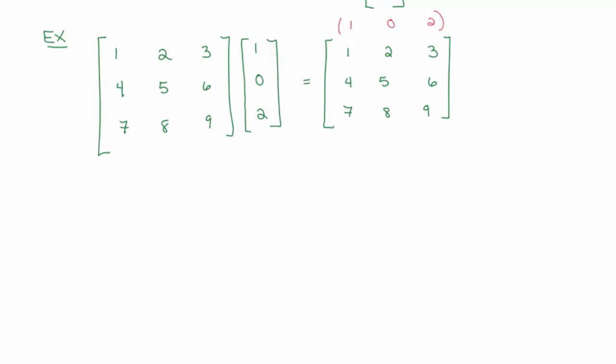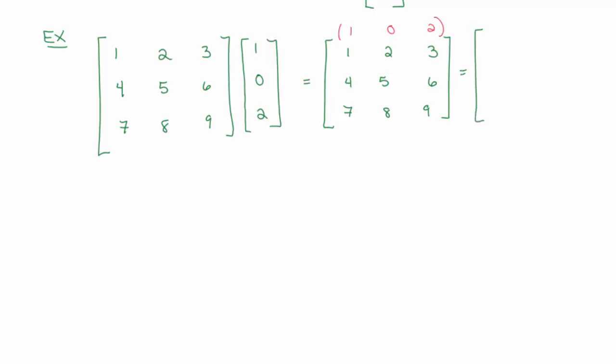And if you could see that kind of laying on top, you can see in this first case, it'd be 1 plus a 0 plus 6. In the second row would be a 4 plus a 0 plus 12. In the third row, it would be a 7 plus 0 plus 18. So what's kind of nice about having that 0 is that it zeroes out the entire center column. It makes that center column worthless as far as the computation goes.